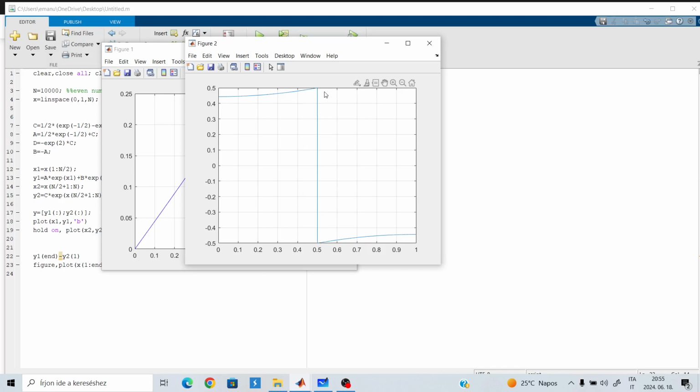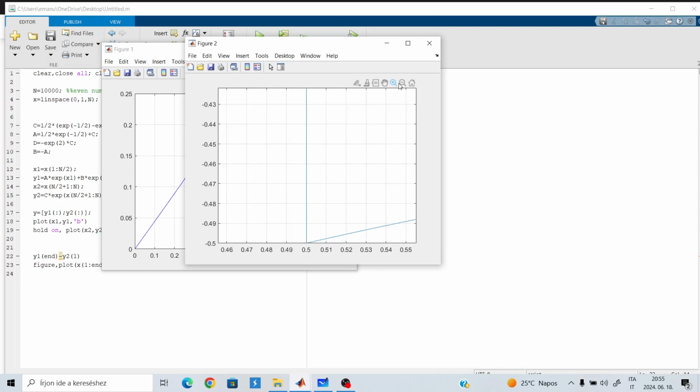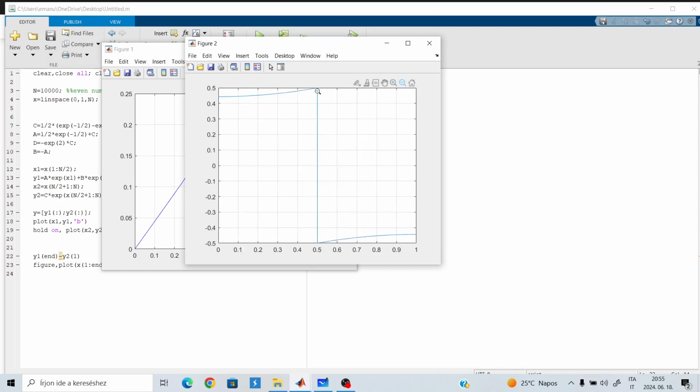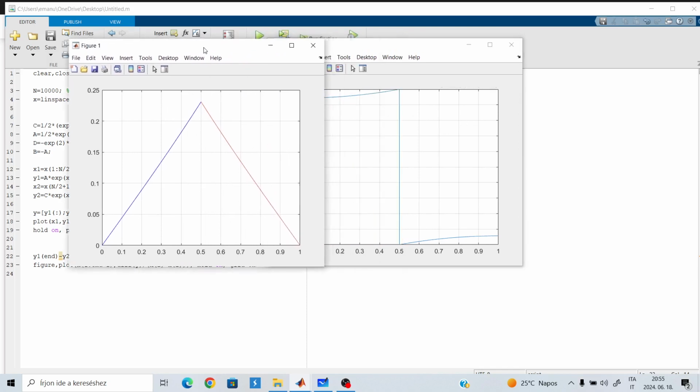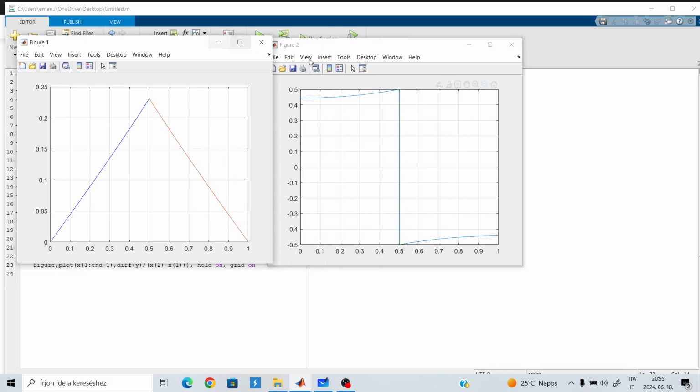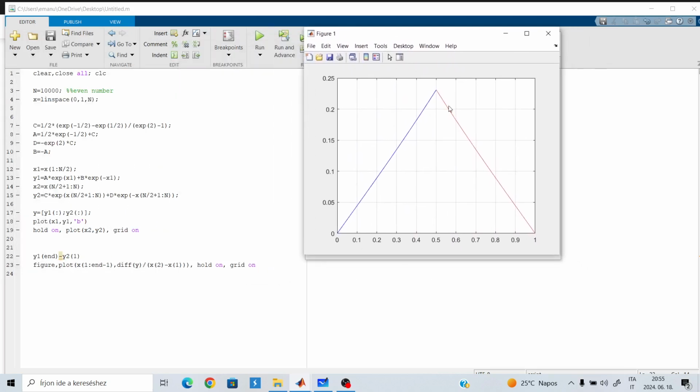On the left of 0.5 you have something like 0.5 in the derivative, and then on the right of x equal to 0.5 the derivative is around minus 0.5. So the difference is indeed 1. And even if I discretize the derivative, you can see that the calculation is still quite correct, quite precise. And that's it.